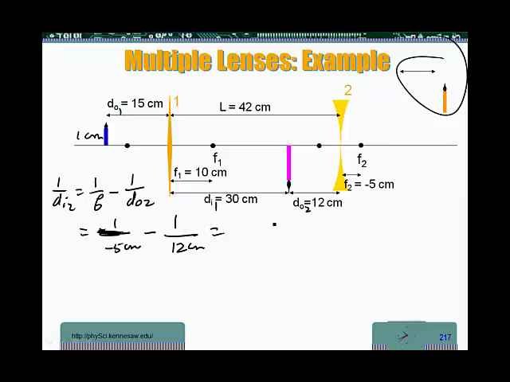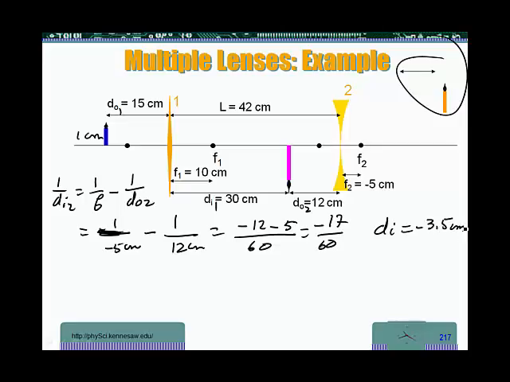I'm going to put it in the same denominator like last time, so multiplying this by 12, minus 12 minus 5 over 60. So we get minus 17 over 60, and DI2 then comes out to be minus 60 over 17, which is equal to minus 3.5 centimeters.